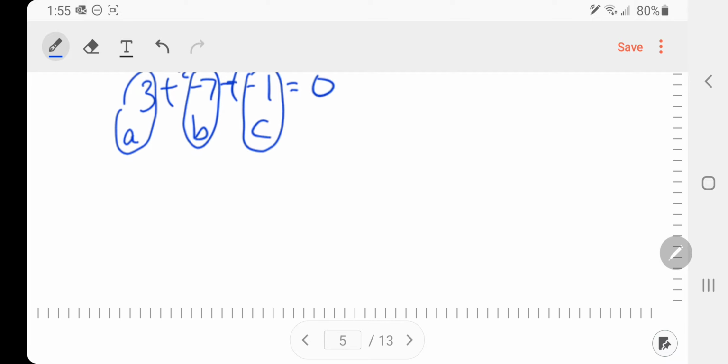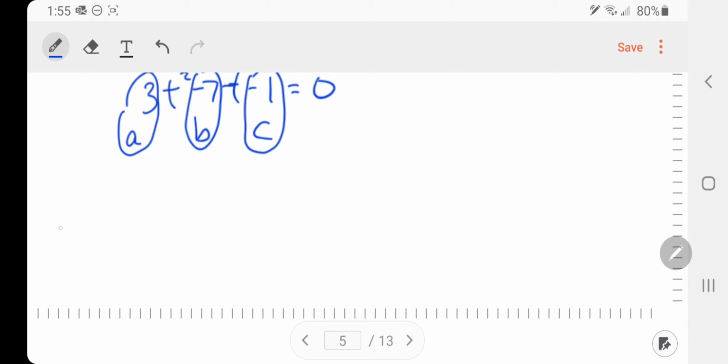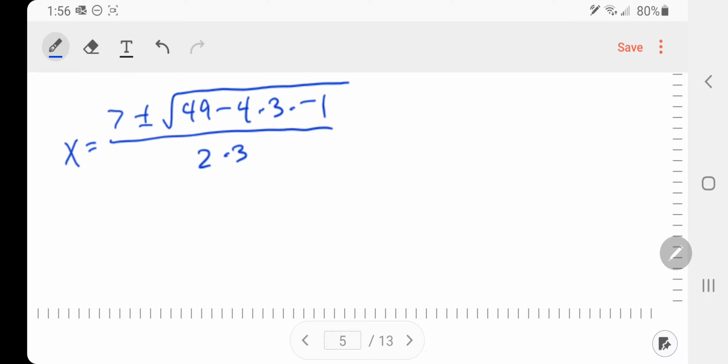And now we're going to sing the song. Are you ready? All together now. x is equal to negative b plus or minus the square root of b squared minus 4ac all over 2a. Just like that. Plug it into the quadratic formula.